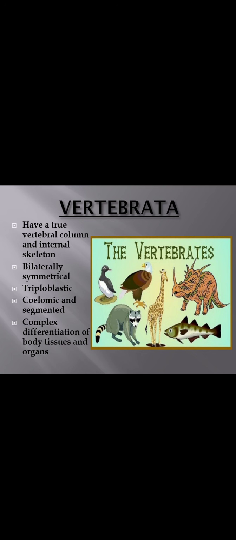It is bilaterally symmetrical, triploblastic, again three germ layers, coelomic and segmented. It shows a complex differentiation of body tissues and organs. The cells and body tissues, and this group of tissues form organs, and again organ systems and an organism. So it is very complex to differentiate.